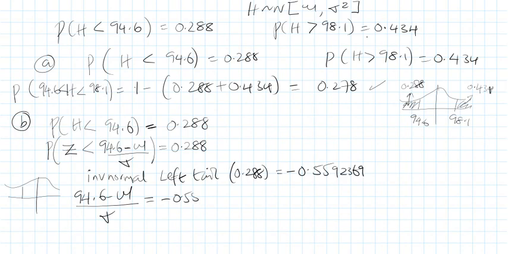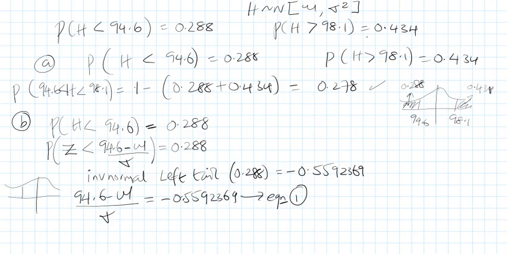This is called standardization: Z equals 94.6 minus mu over sigma, equals the inverse normal of 0.288, left tail.